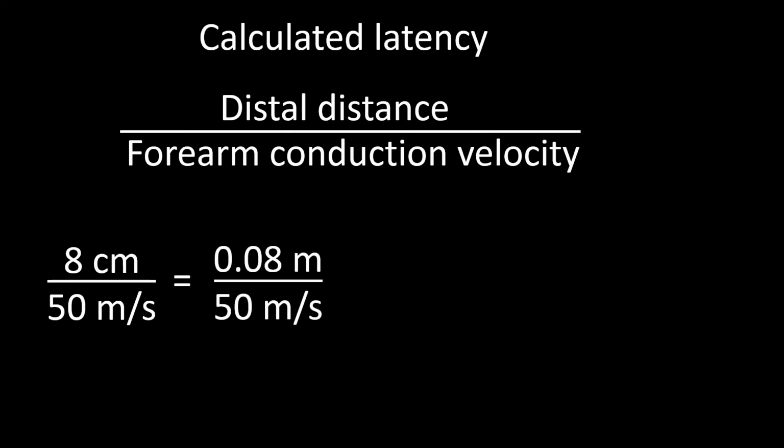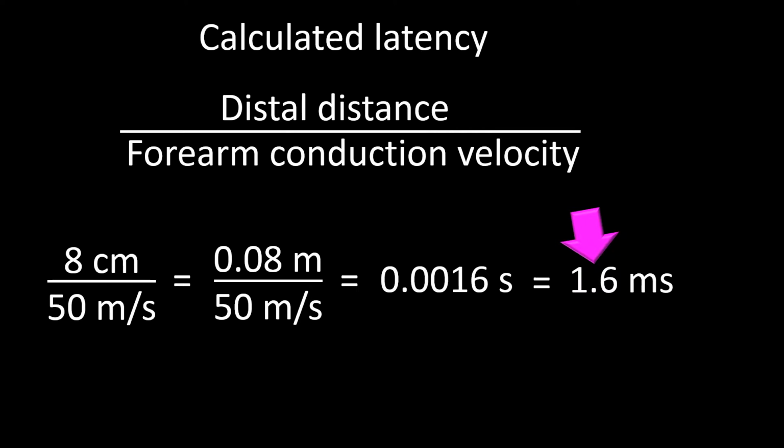The first step in this operation is to convert centimeters to meters and to execute the operation, which yields 0.0016 seconds, corresponding to 1.6 milliseconds. Hence, were the median nerve of this patient in the distal segment to conduct as fast as the median nerve in the forearm, distal latency would have been 1.6 milliseconds. The importance of this number is that it is used to calculate other values.